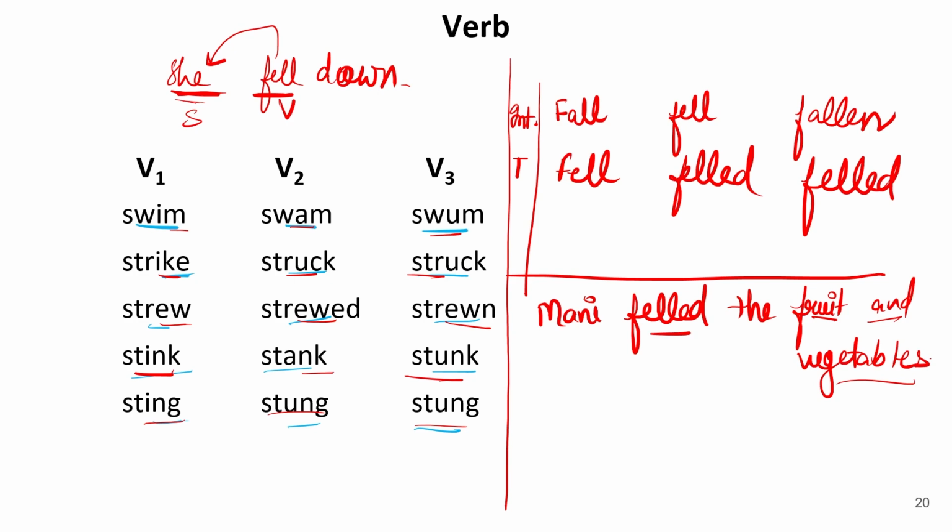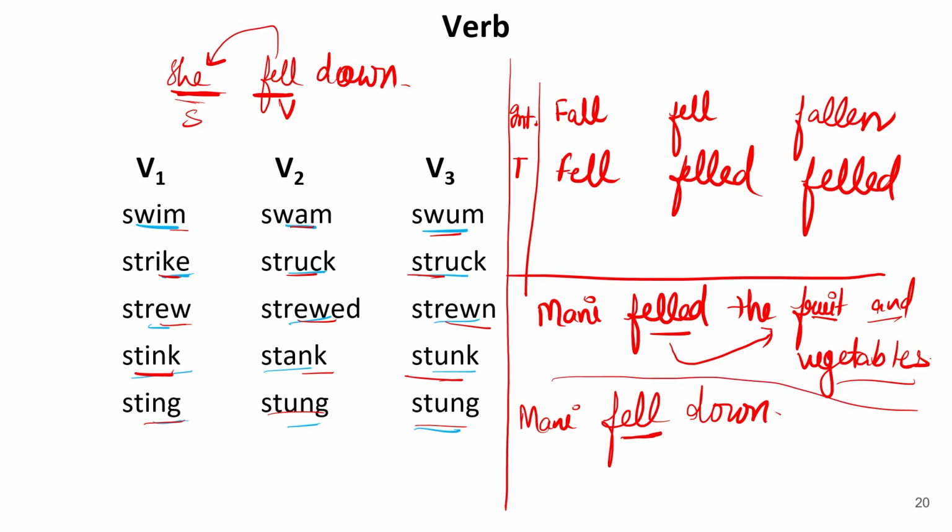So felled means that money had made the fruit and vegetables fall or fallen down. Dropped, you can say. So felled is used transitively because this felled is used for the words fruit and vegetables. Now if I say money fell down, so obviously I'm using this word for money. Who fell down?